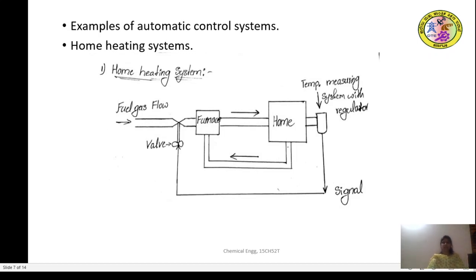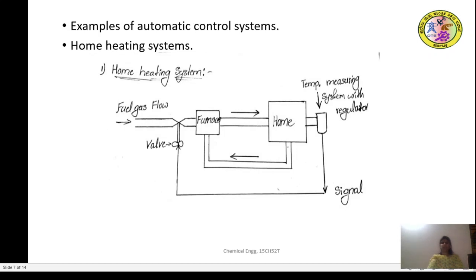Here the fuel gas flows through the valve to a furnace which burns to generate hot air or steam. This generated hot air or steam is used to heat the home so that the temperature we require is maintained at a comfortable level.